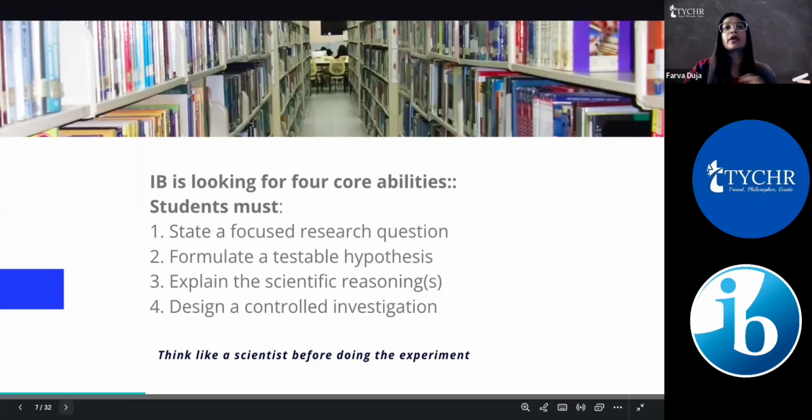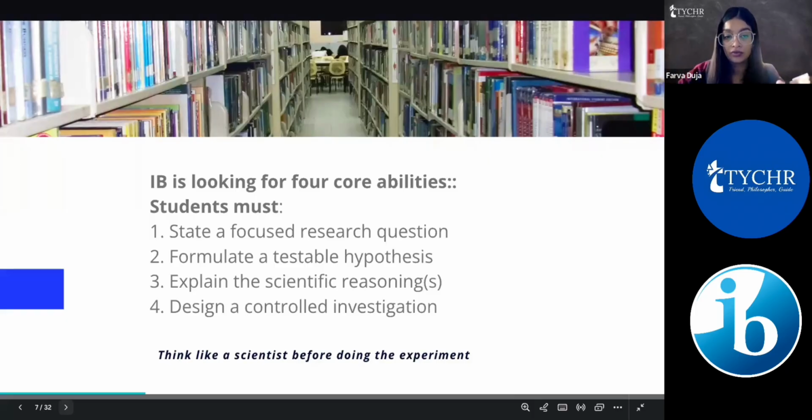You may think, when length increases, I believe the resistance of that wire would also increase. I can't just say that as my opinion; I have to say it with scientific backing. That is what a good hypothesis is, with scientific reasoning, and then the design of your investigation.